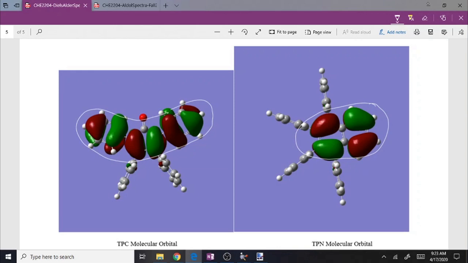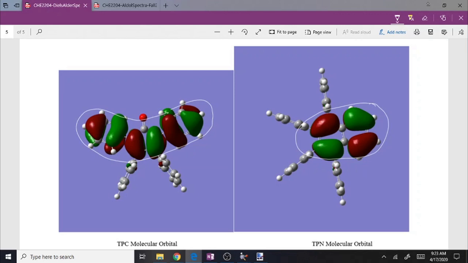And so we have less conjugation in the TPN than we do in the TPC. So in this case, the TPN is consistent with our product in that it shows less conjugation than the TPC.